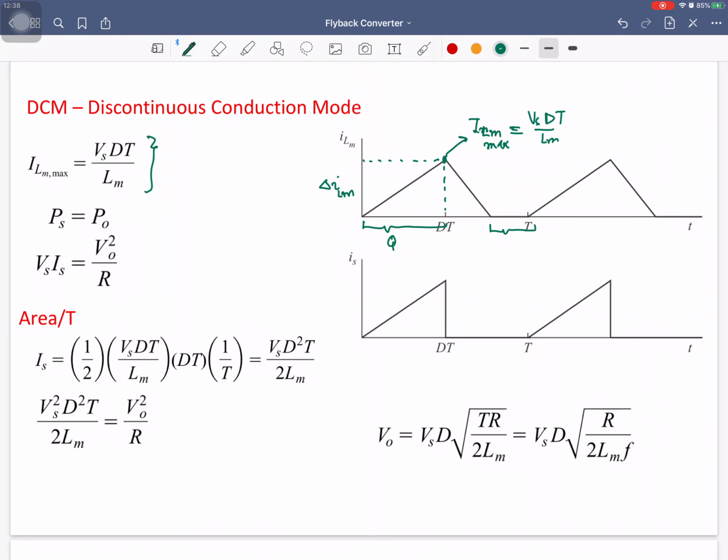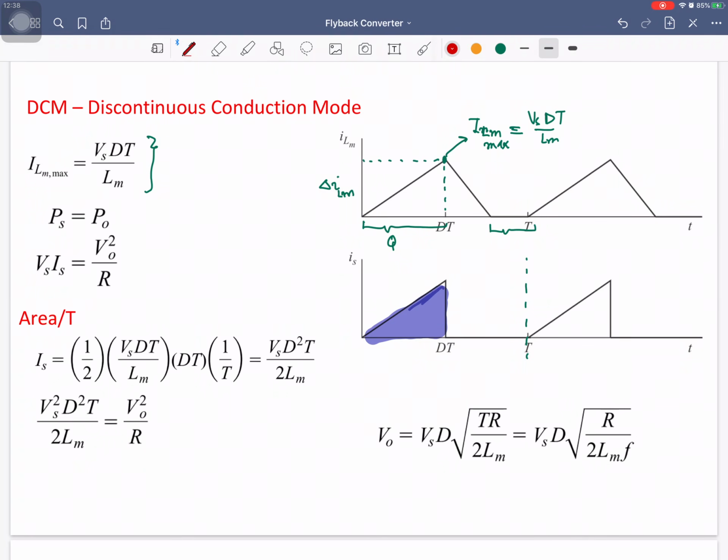And this current is provided by the source. So your source current will be there for this interval of time. So it is going to make a right angle triangle. And the area under this curve averaged over the time period, you will get the average value of the supply current.